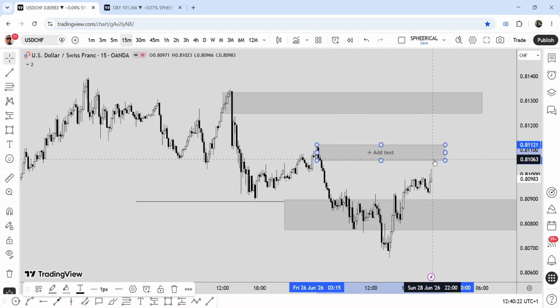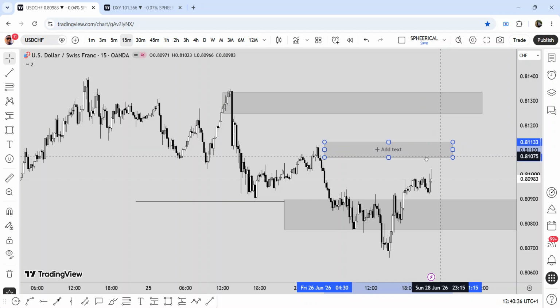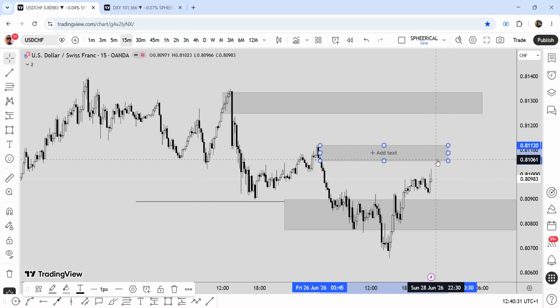So I'm not going to take a sell here, for the reason that there is still liquidity here, and this will look like an inducement.